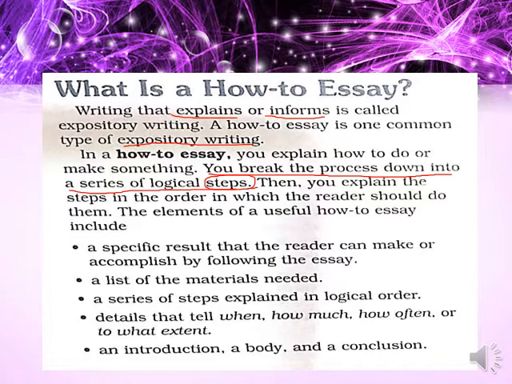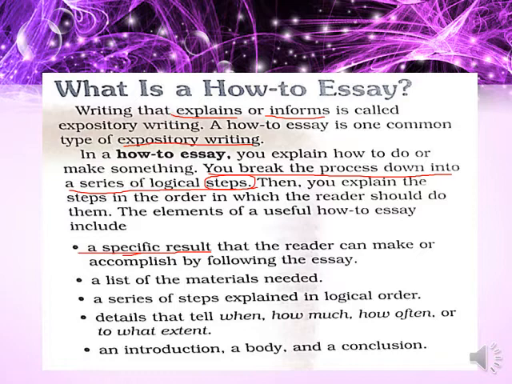The elements of a useful how-to essay include a specific result. So at the end, I will have something, of course, if the reader follows the steps. So you write for a reader who is going to follow your steps. So your steps must be in order and simple and very well explained, and easy to follow.